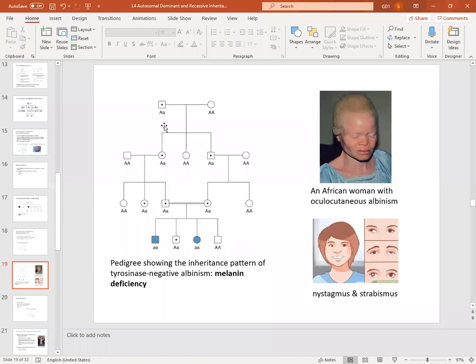Okay. So you can see that here we have a four-generation pedigree, and the first three generations don't express any kind of disease like this, and suddenly we have one closely related couple mating together. We have 4 children, and 2 children express the disease.